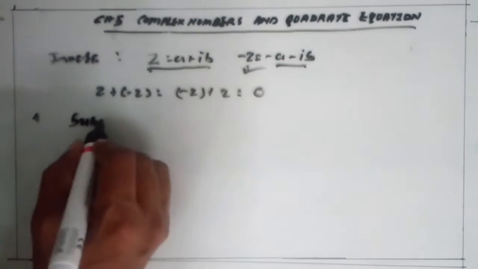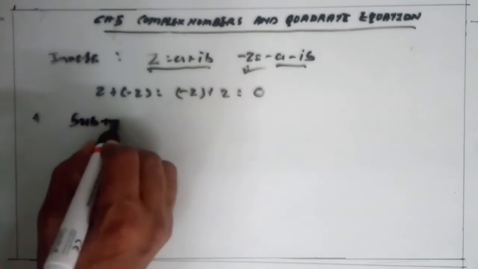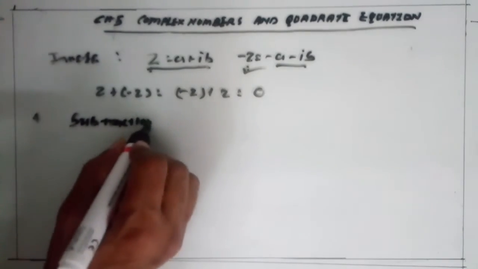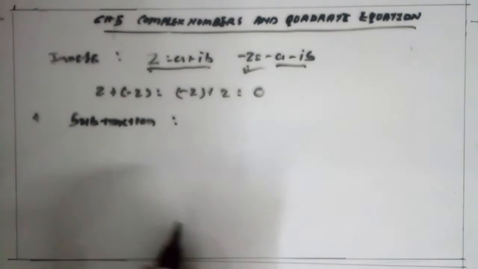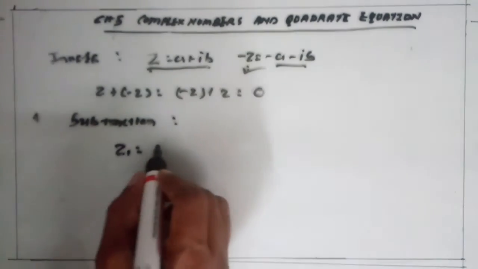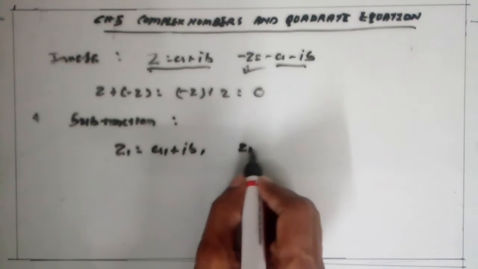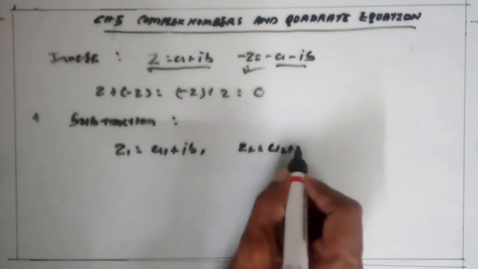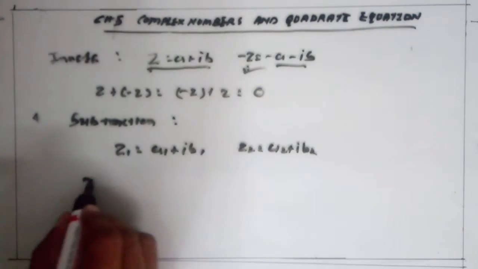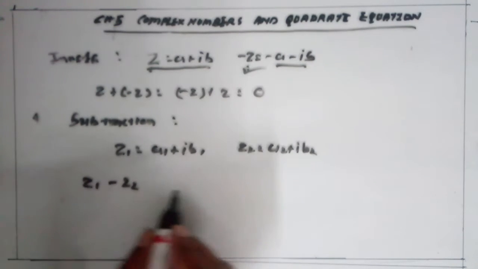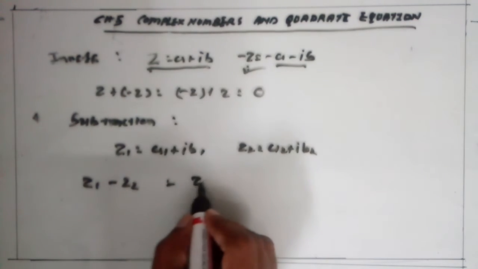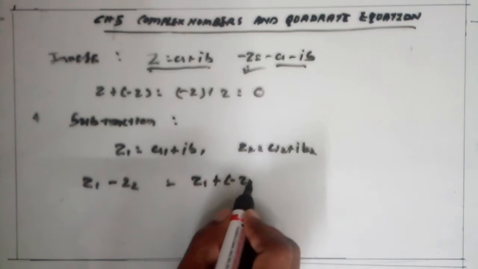Subtraction of two complex numbers. For z1 = a1 + ib1 and z2 = a2 + ib2, z1 - z2 = z1 + (-z2).